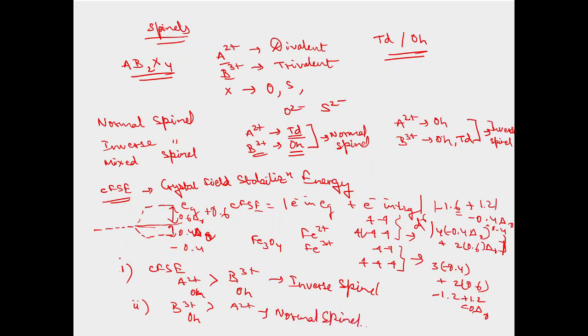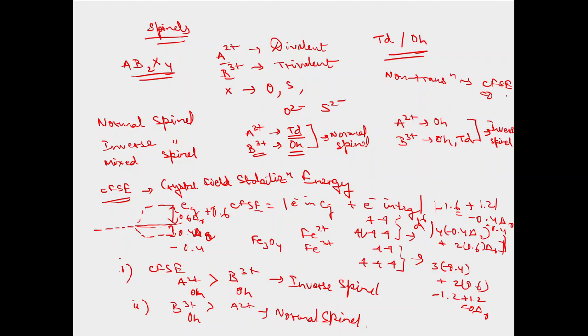Another point we have to remember is that for non-transition elements, the CFSE value is 0. If you take out questions, you will understand that sometimes options are given with one non-transition metal and one transition metal.